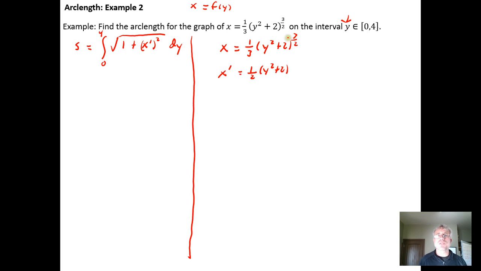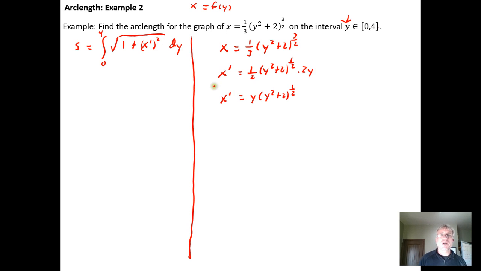We need to reduce this exponent by 1, so it'll be to the 1/2 power, times, we need to multiply by the derivative of the inside, so we're using the chain rule, so the derivative of the inside is just 2 times y. And this simplifies a little bit. 1/2 of 2 is 1, so we'll just get 1y times y squared plus 2 to the 1/2. So here's our x prime.